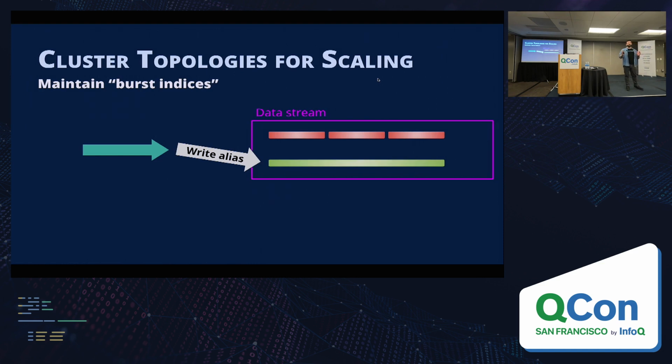As I mentioned earlier, each index has a write alias, and that's where you're going to be writing atomically. You can change this alias, and it'll switch over to whatever index you point to. So it's an important concept to be familiar with if you're managing a cluster. What we're suggesting is to have these burst indices prepared in case you want to scale out.